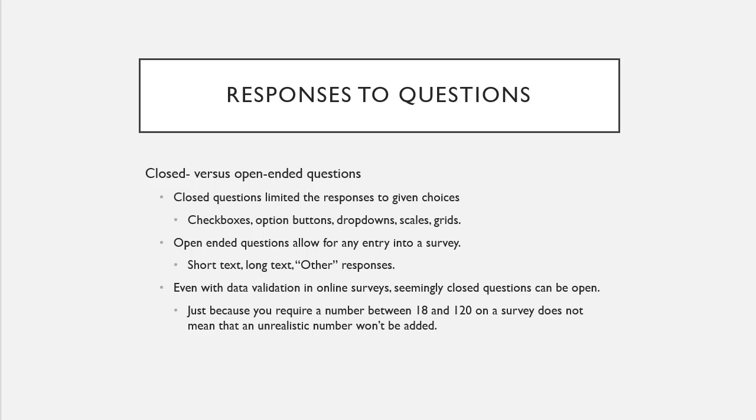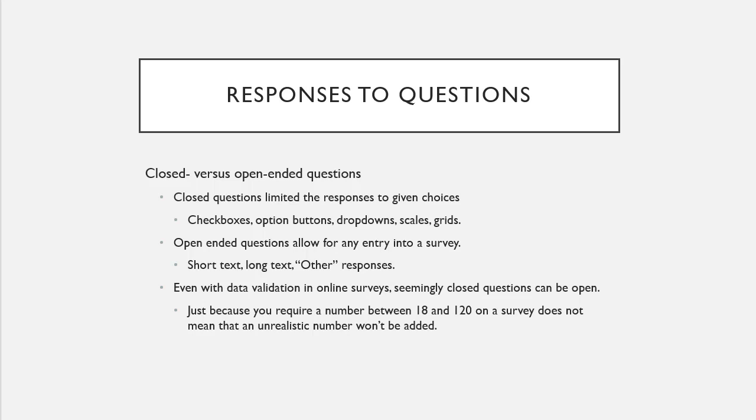So we want to be sure that, even with data validation, people can lie. And people can lie anyways, right? If you have a drop-down menu, they could pick the wrong age. But we want to make it as easy as we can on the individuals who are taking the survey to give us good, meaningful data. So we try to use data validation as much as we possibly can for both closed-ended questions and open-ended questions.